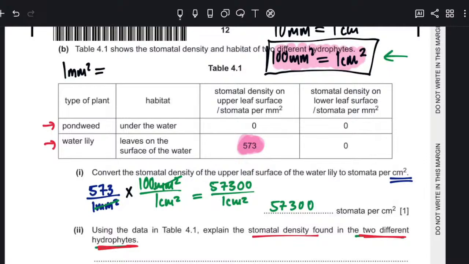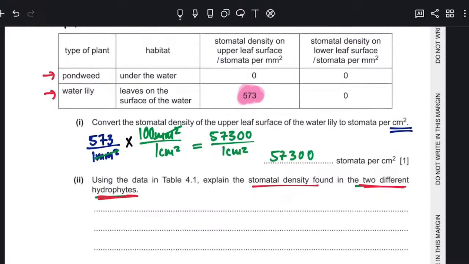So, if I am going to have no stomatal density here, can you see this? No density for the stomata here at all. In other words, nothing is being exchanged. No gases are going in and out. Why is that?